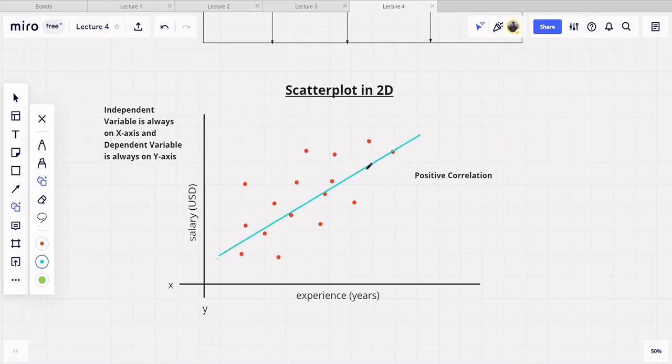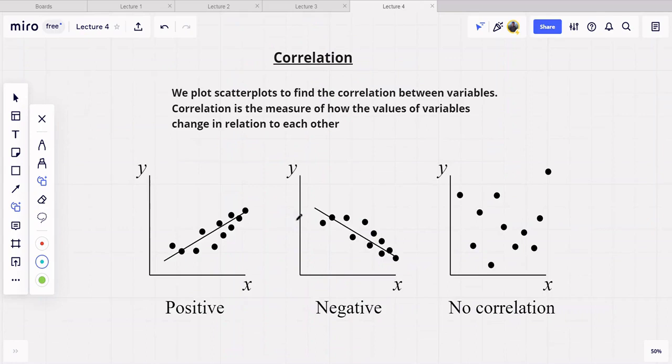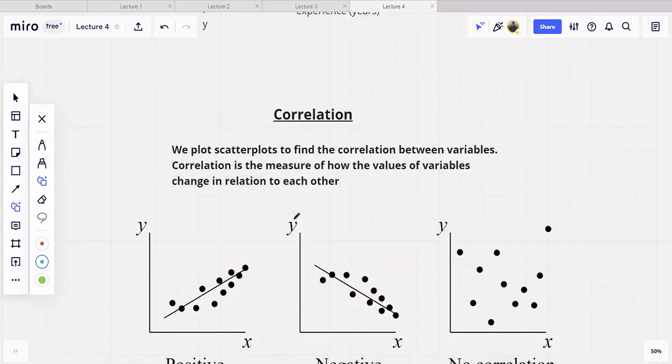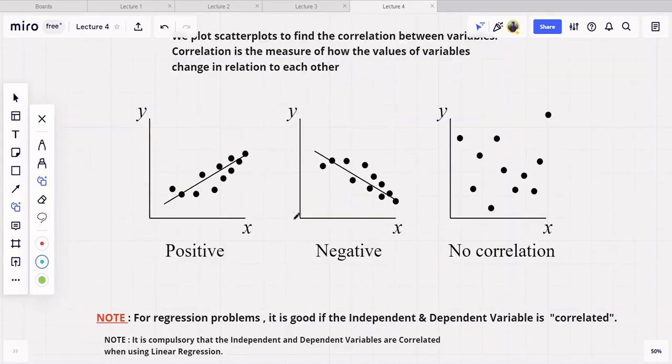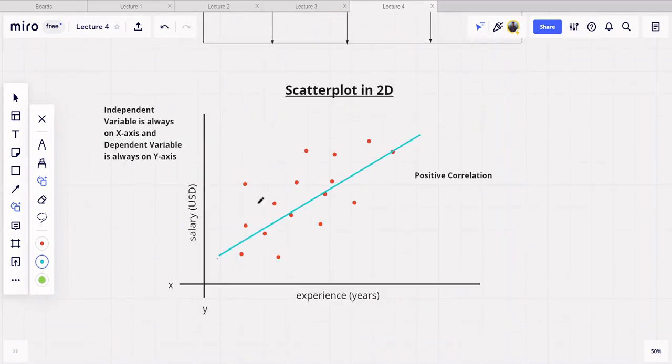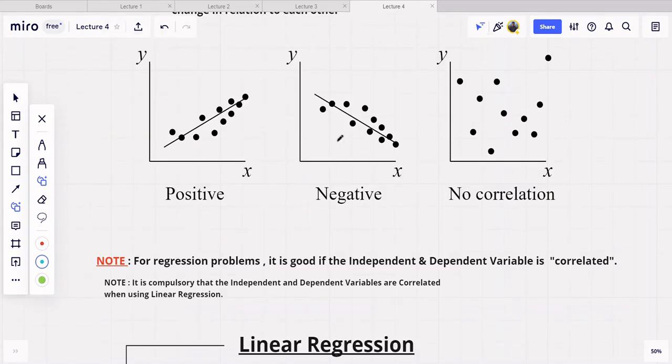This phenomenon is called positive correlation. Now what is negative correlation? Negative correlation is the opposite of positive correlation. In negative correlation, if one variable is increasing, then the other variable is decreasing. This is what happens when you have a negative correlation among your variables.